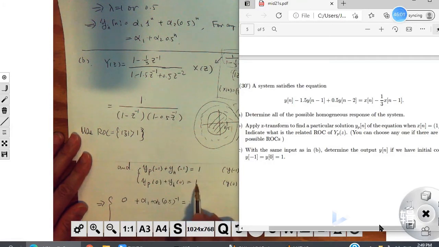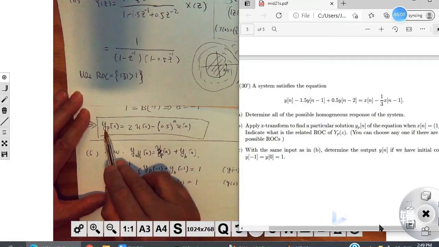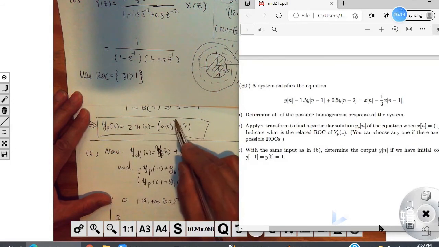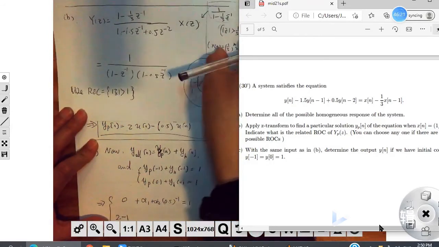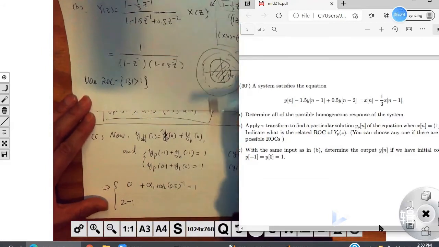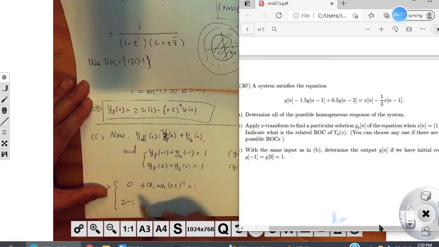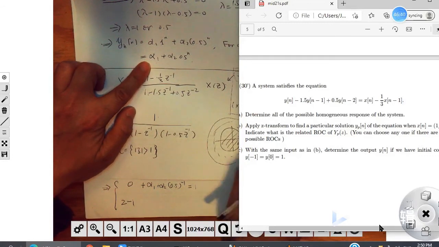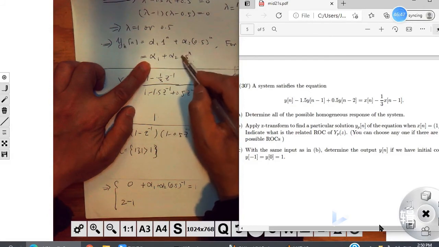Then look at the second one, where n is 0. For the particular solution with n equal to 0, you get 2 minus 1, so this is 2 and this is 1. For the homogeneous solution, still the same expression but n is 0, so it is alpha 1 plus alpha 2, because 0.5 to 0 is 1.